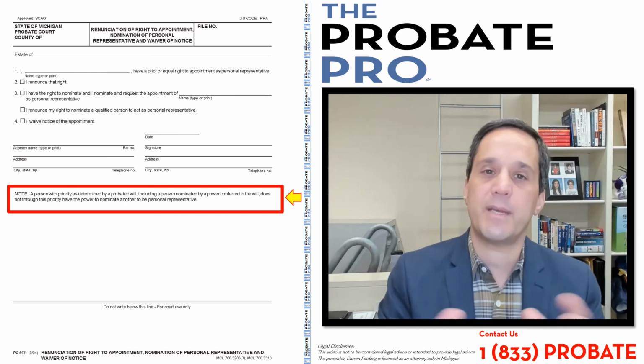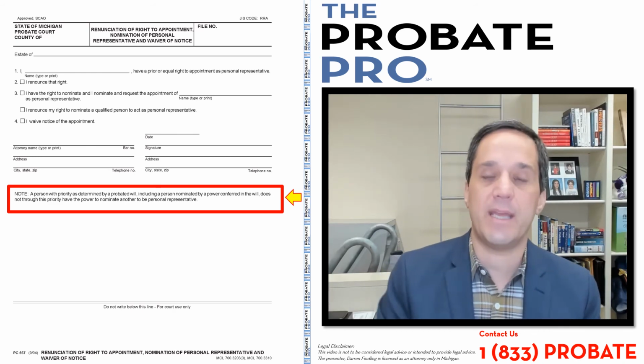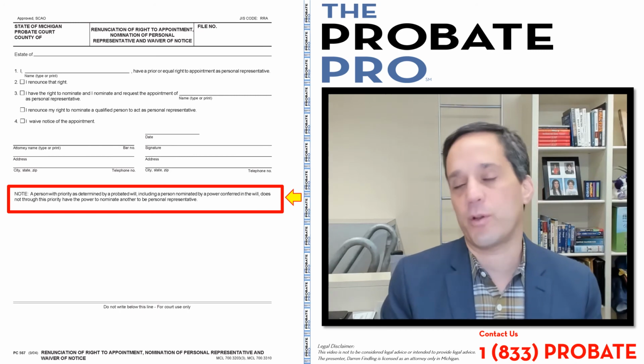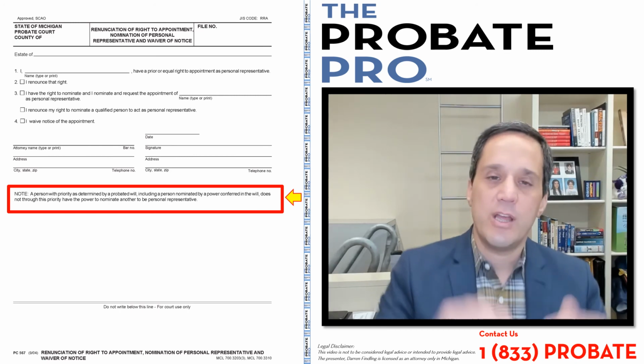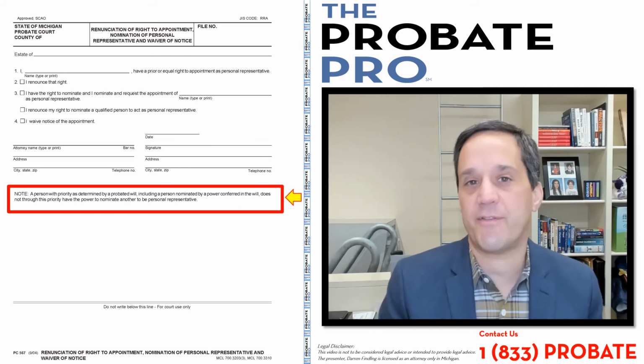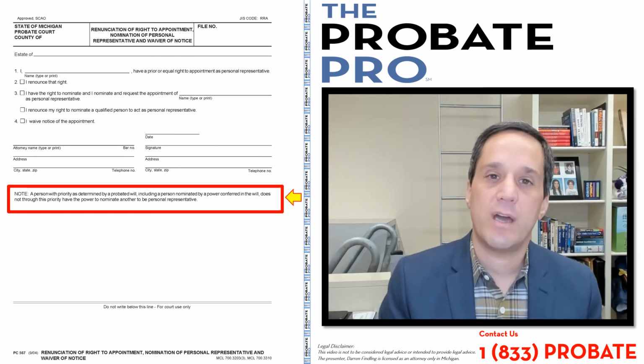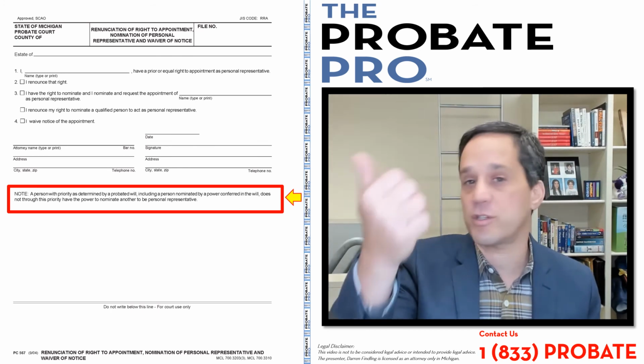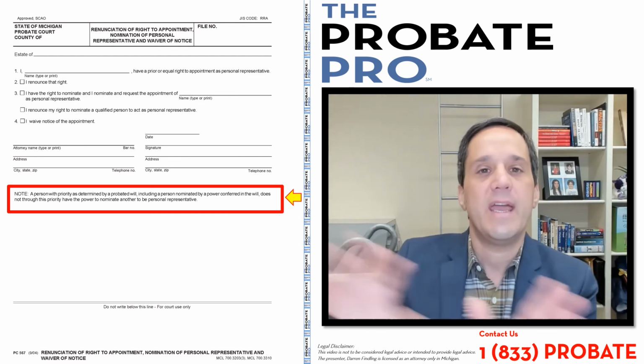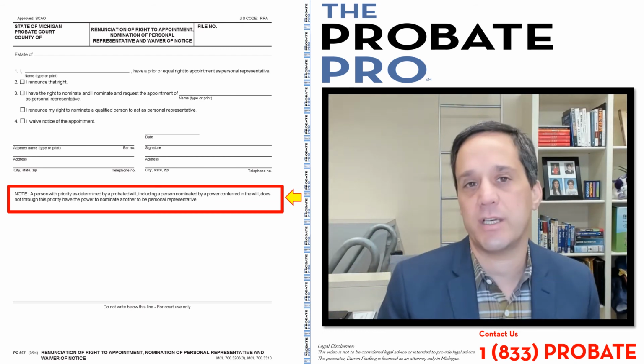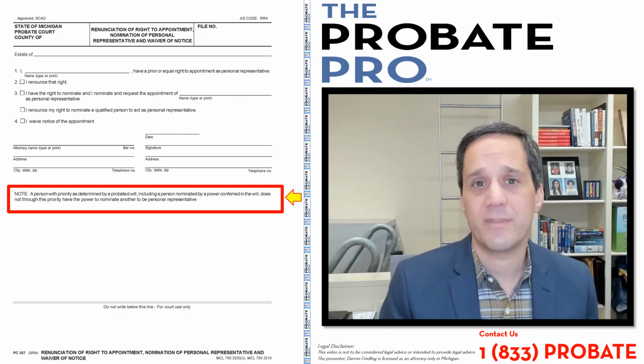So a person nominated in the will doesn't have the right to nominate another unless set forth in the testamentary document. There are other prioritizations that have to be met before you can nominate. So under that pecking order, a surviving spouse or children and so on can do that nomination, but not the person nominated in the will.